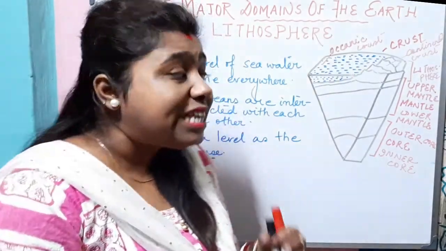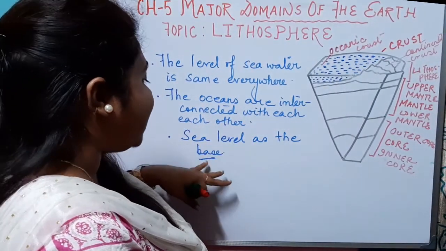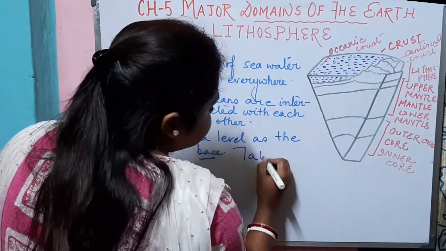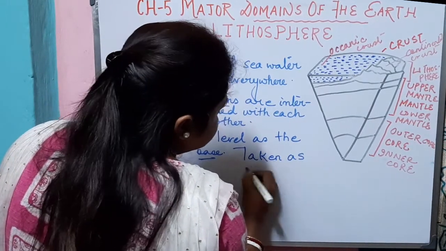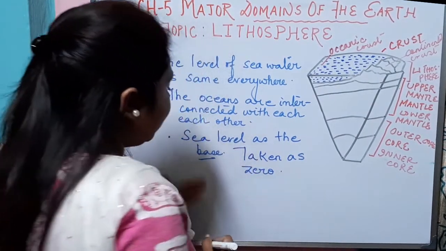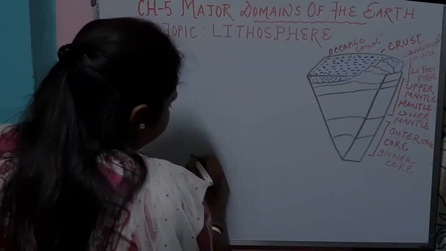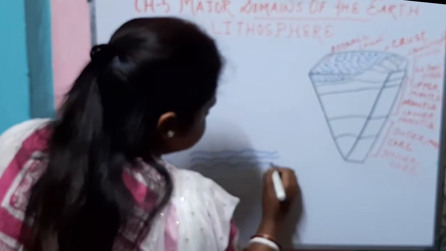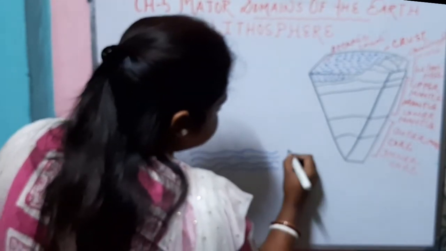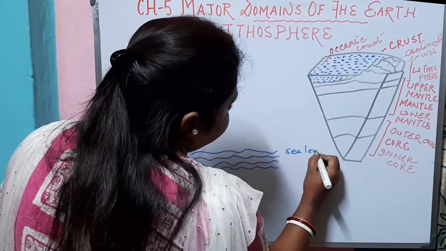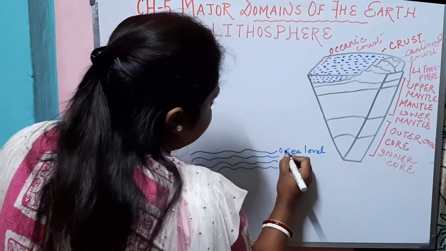To understand that, we take sea level as the base. That means sea level is taken as 0. Now let us understand this. So the sea level is considered as 0.